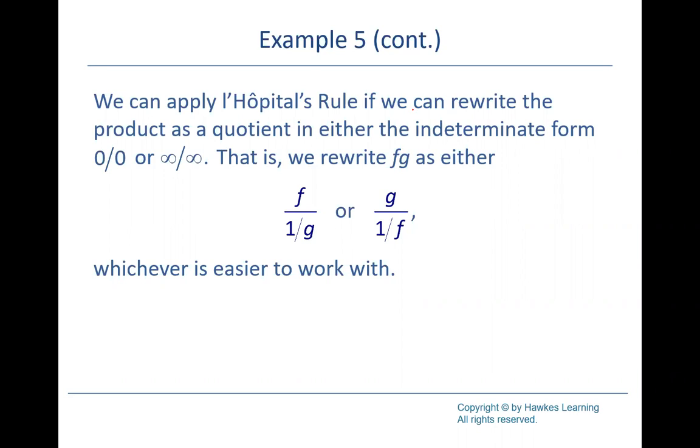We'll just pick whatever is the easiest to work with. Note that by rewriting our expression in this form, we will have a new indeterminate form of either 0 over 0 or infinity over infinity.